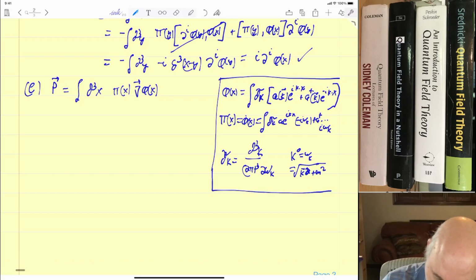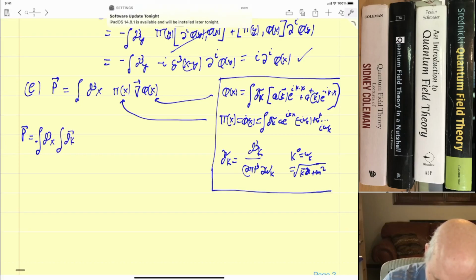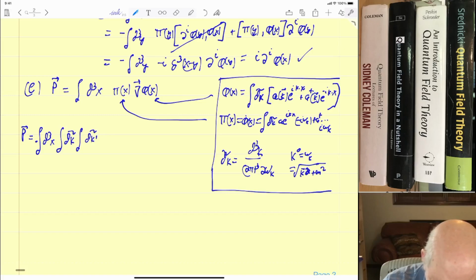So now we just have to substitute this in there and this in there. We use different variables each time. So P is equal to minus the integral d3x, the integral d k tilde, the integral d k prime tilde, and now I'm going to have 2 terms here.